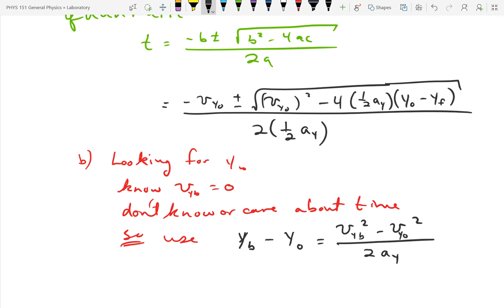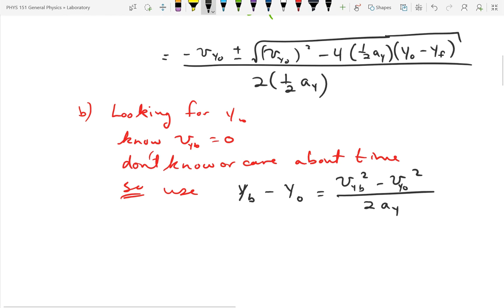And then I just put in my numbers. So this one's going to be pretty easy because I decided to set my reference so y initial was 0. And my VYB is 0. And so I just have YB is equal to minus VY0 squared over 2AY.